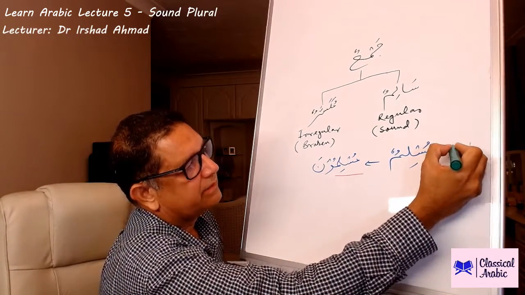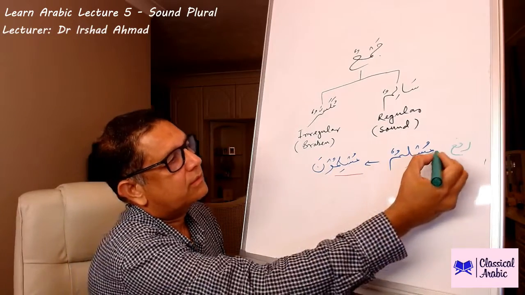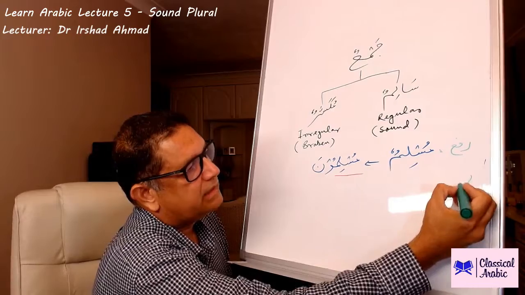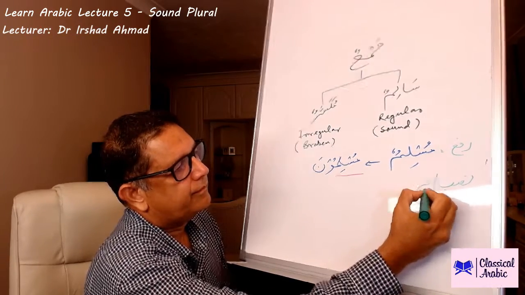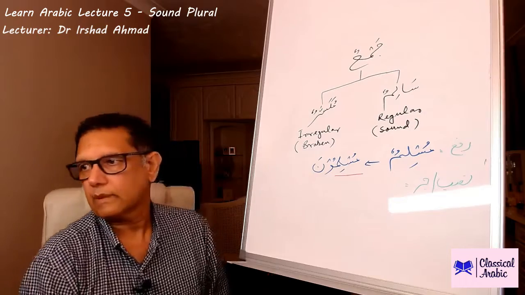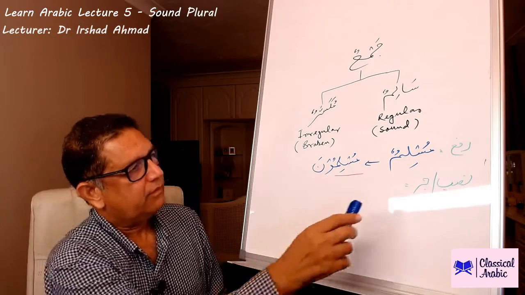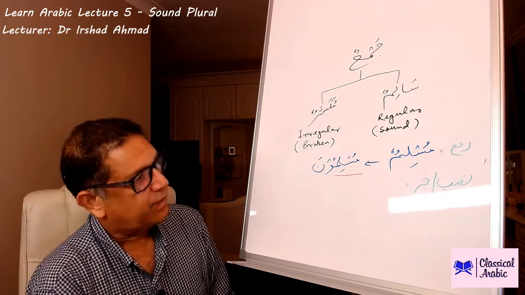And just like tasniya, this is the state of rafa. So in nasab and jar, we will have one word representing both.